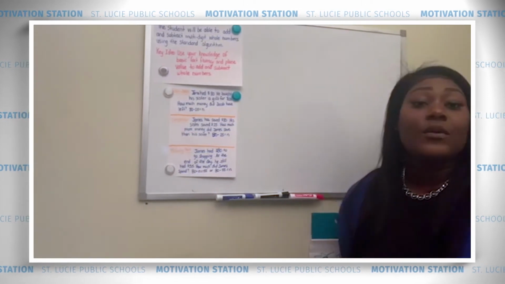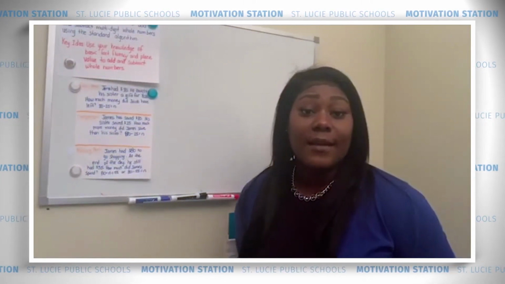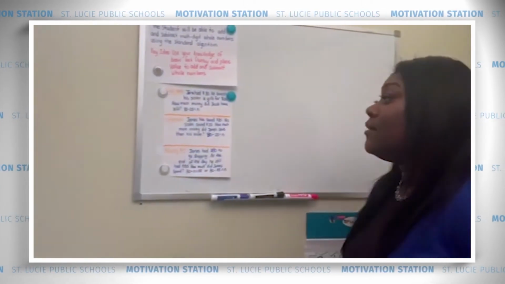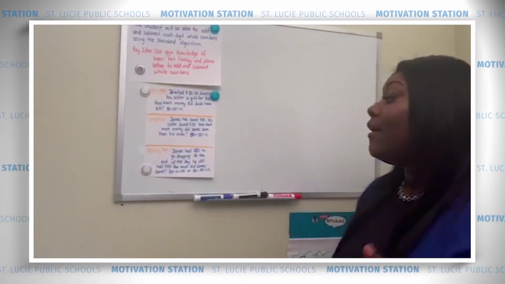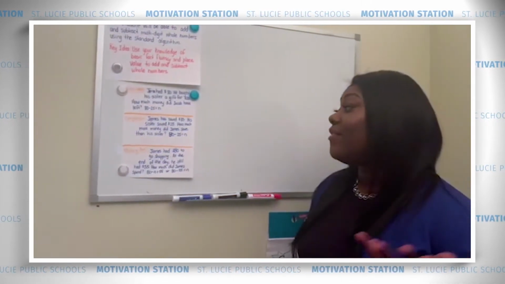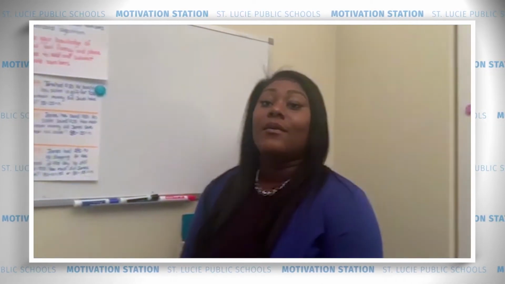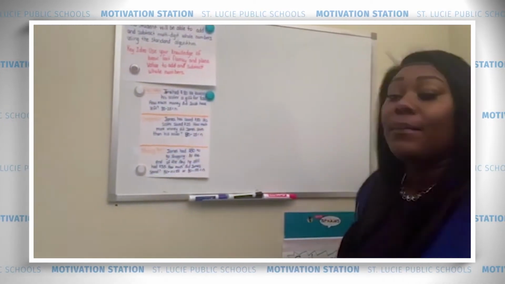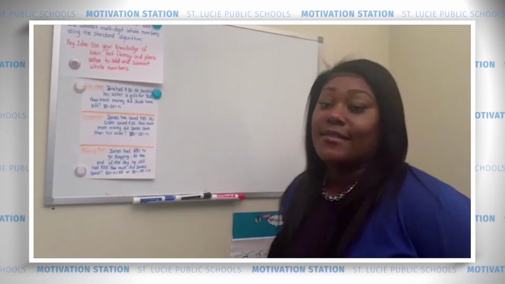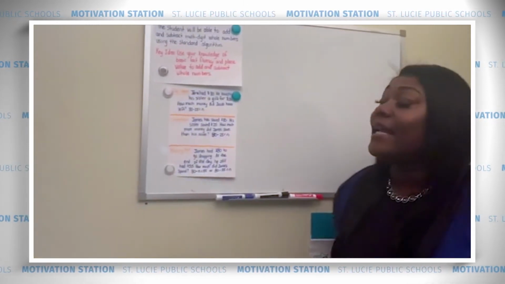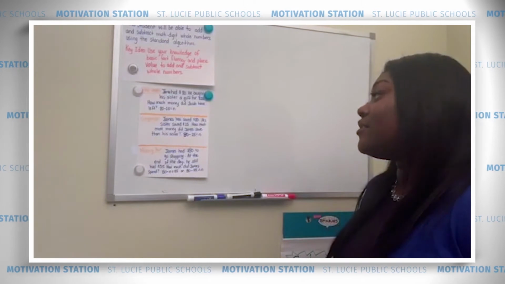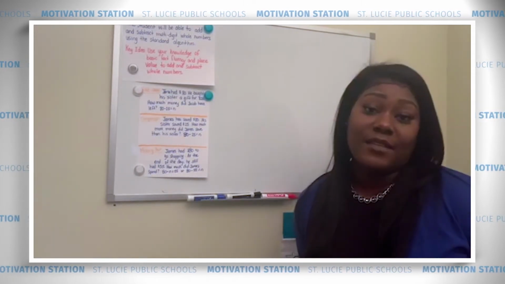Now for starters, we're going to take a look at three different types of subtraction problems. The takeaway problem, the comparison problem, and the missing part. So let's review with another review. The takeaway problem usually sounds like this. Ms. Owens had $80. She bought her sister a gift for $25.